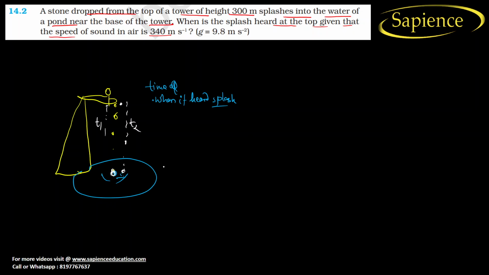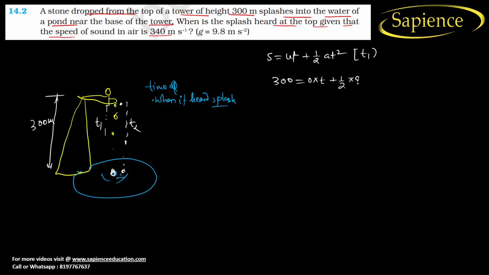So how will you find time t1? We know that s is equal to ut plus half at square. From this we will get time t1. So s is the distance. The distance of the tower is 300 meter, and initial velocity is 0. So 0 into time t plus 1 by 2 into g.